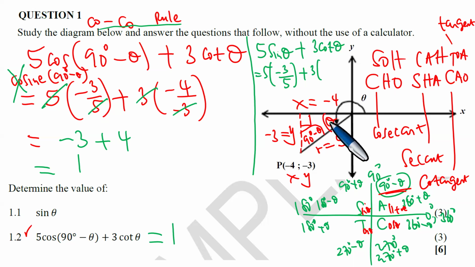If this is theta, adjacent to theta is -4, -4 over the opposite, which is -3. This is exactly the same as 5 times (-3 over 5) plus 3 times (-4 over -3). And the answer is 1.